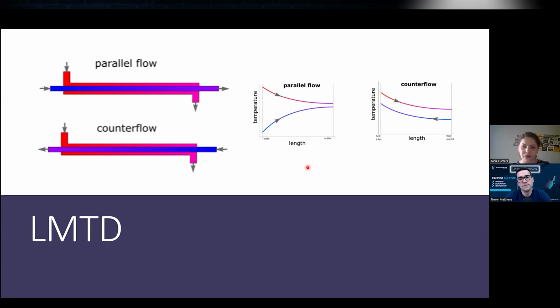And in counterflow heat exchangers, the hot and the cold fluid flow in opposite directions. So the fluids enter at opposite ends of the exchanger. For example, the hot fluid enters at one end while the cold fluid enters at the other end. And here we can see that the LMTD is a little more constant.